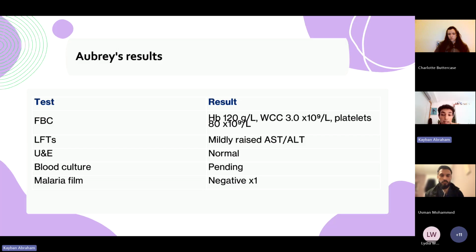The Hb is low, white cell count's a bit low, platelets definitely low. LFT is a bit deranged. Everything else is okay for now. Just based on this, anybody have any comments or know what the picture is?